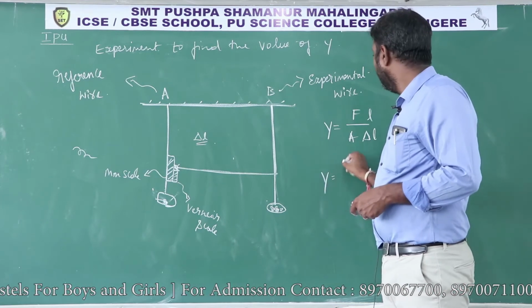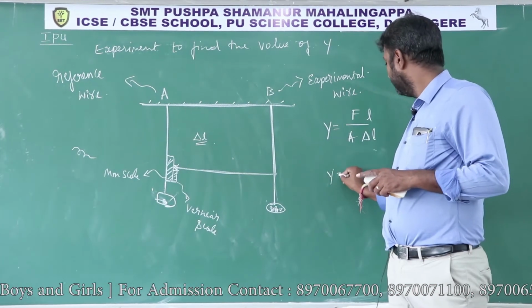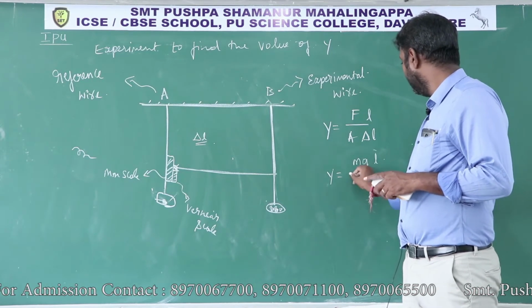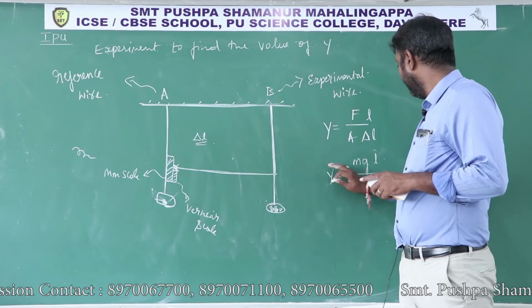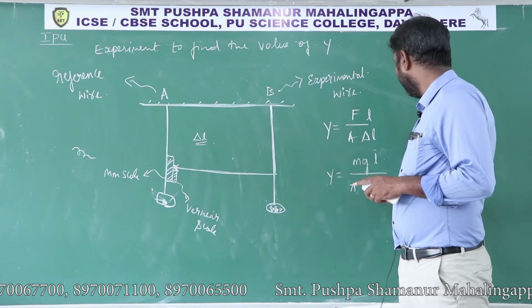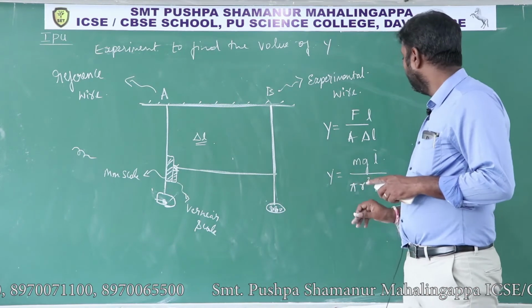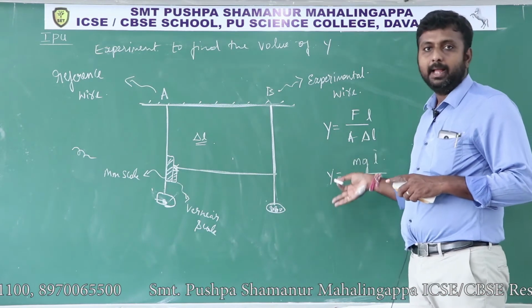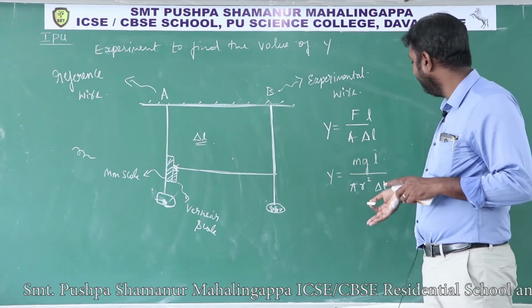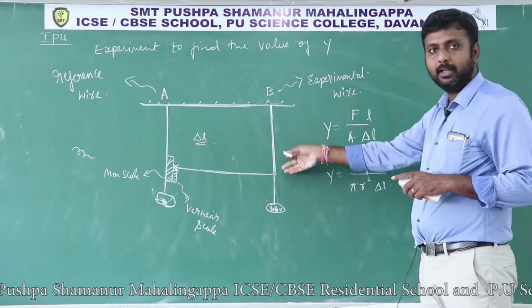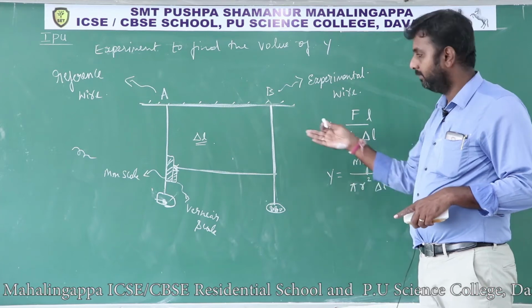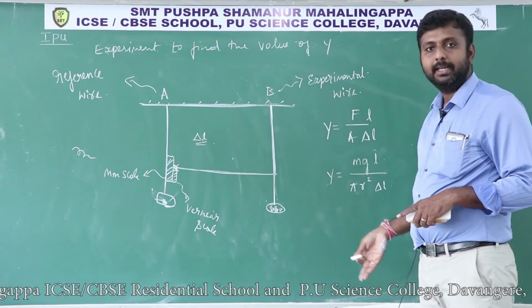Here Y equals F, which is mg, into L divided by A, where A is the area of the wire, pi r square, into delta L. We can find the mass, and g is a constant value, acceleration due to gravity. Initially we can find the length, and pi is a constant value. R is the radius of the wire, which we can also find out.